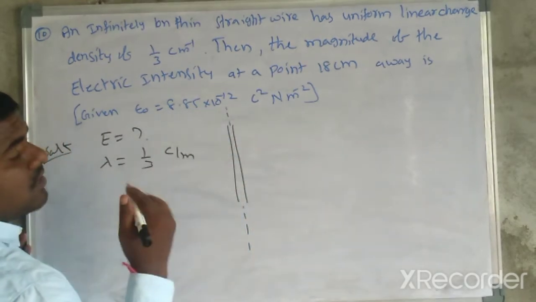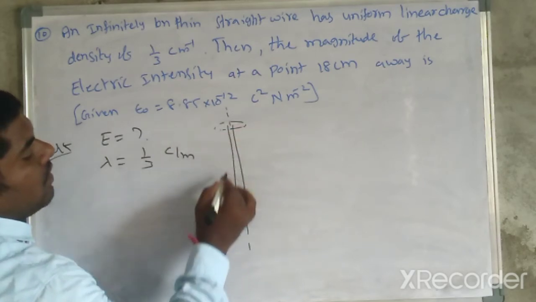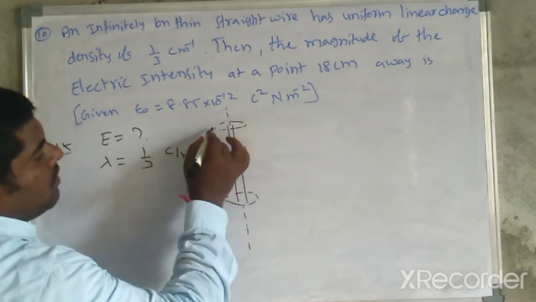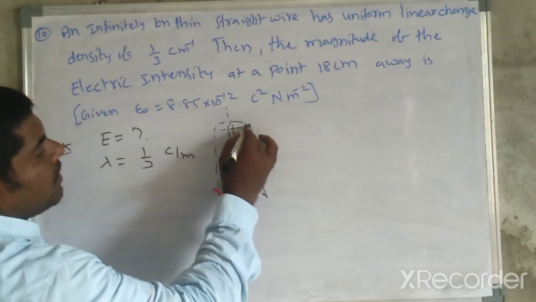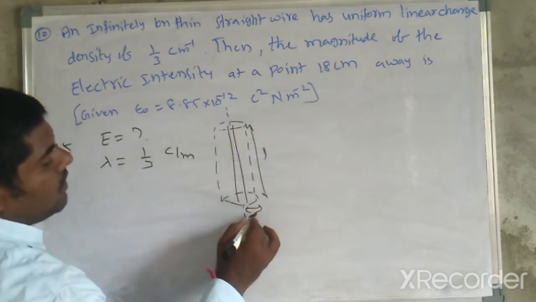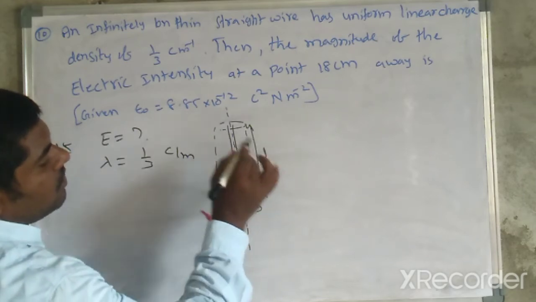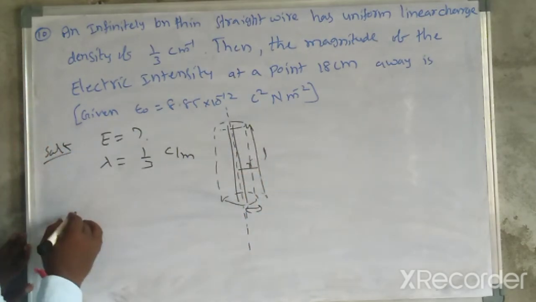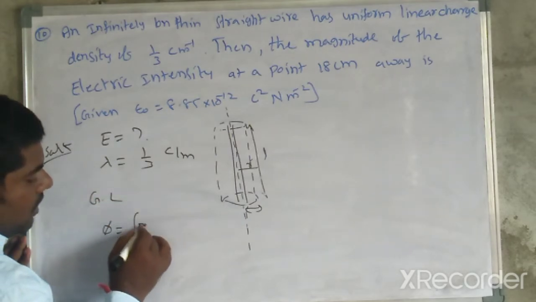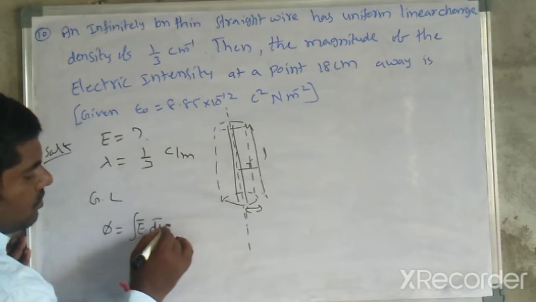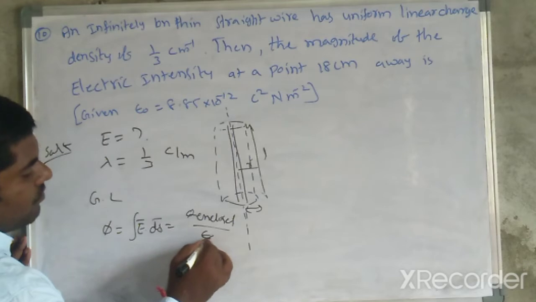Here you may draw the Gaussian surface and it looks like a cylinder. Let us consider its length L. The radius from the center to this point is small r. According to Gauss law, flux is equal to the integral of E dot dS equal to q enclosed by epsilon naught.